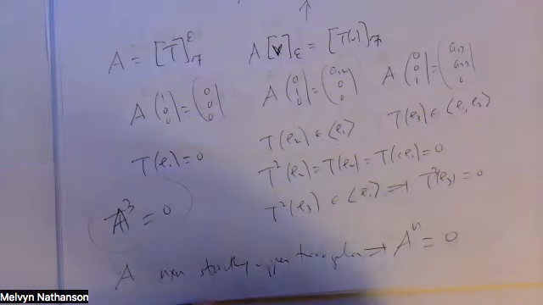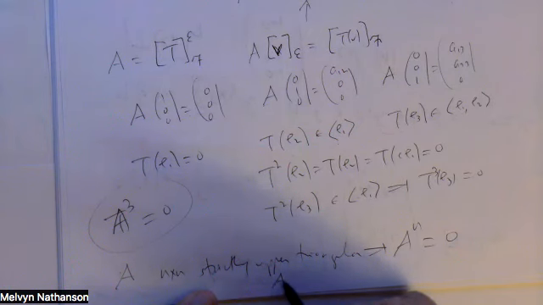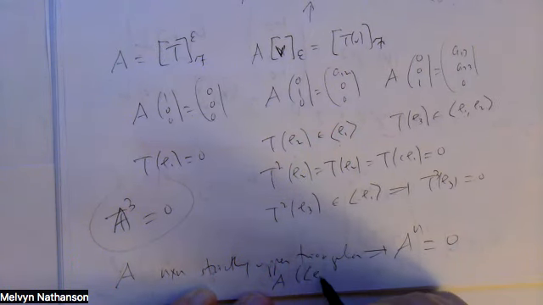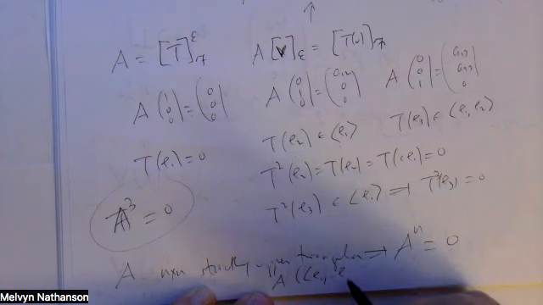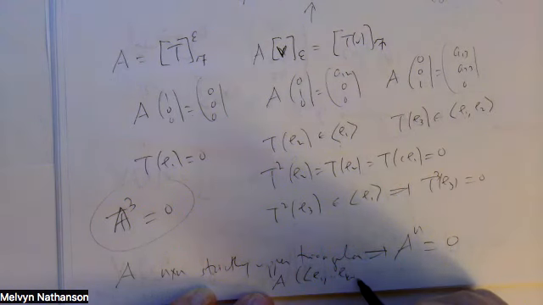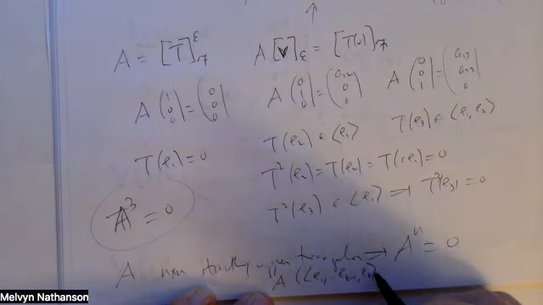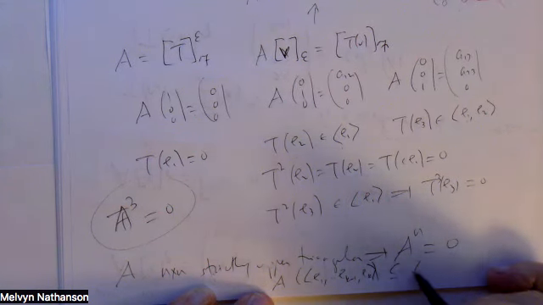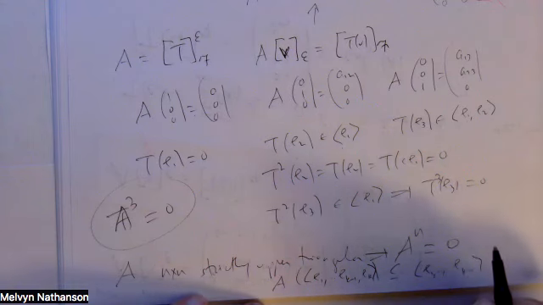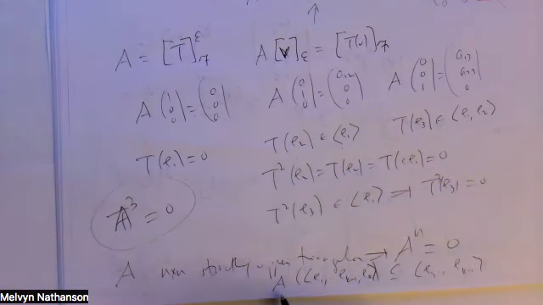The reason is that A sends the subspace spanned by, let's say, the first k vectors into the subspace spanned by just the first k minus 1 vectors. So as you iterate this matrix multiplication, looked at as a linear transformation, it's mapping the vector space into strictly smaller and smaller subspaces. And when you do it n times, it's 0.